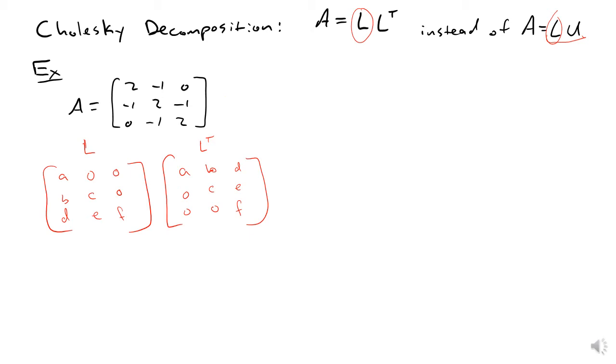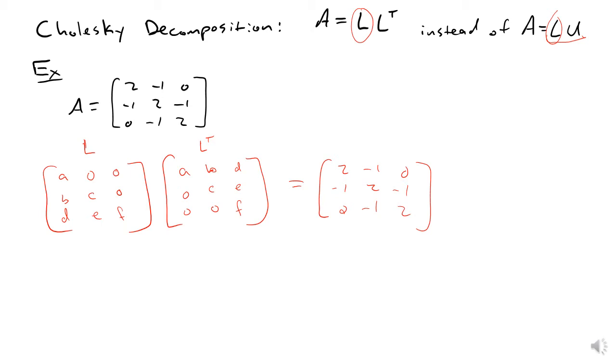Okay, so we have this L times L transpose, and we want this to equal matrix A. And I'll mention while I write this that the matrix that you're using in your homework question is also a symmetric matrix, and it is a positive definite matrix. So it is a matrix where you're guaranteed to have this Cholesky decomposition work out.